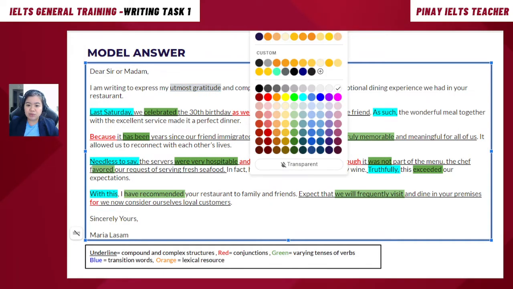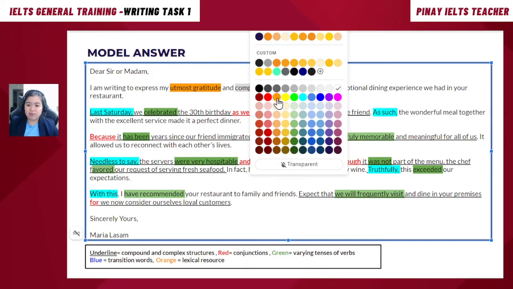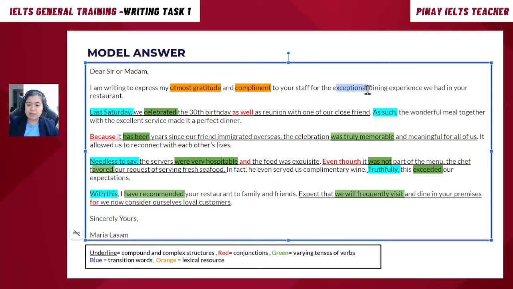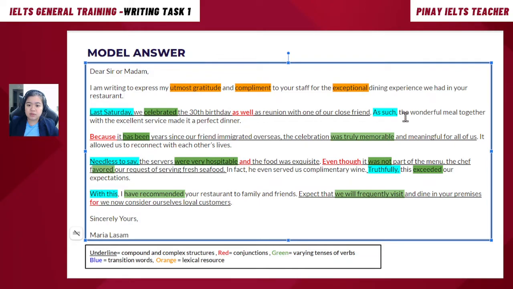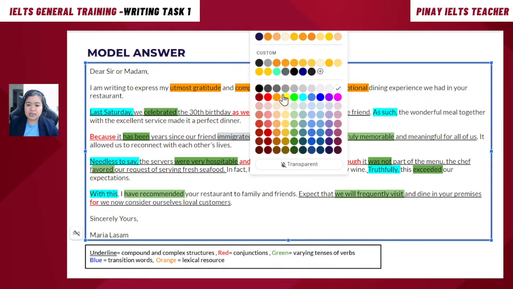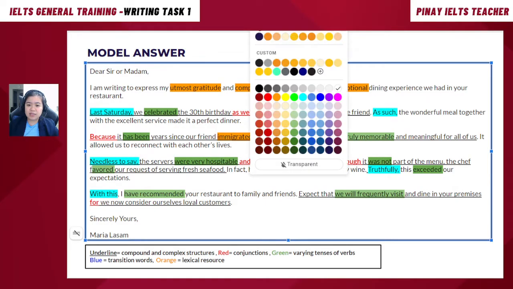Utmost gratitude. Compliment. Exceptional. Okay. What else? Immigrated overseas. What else? Exquisite.